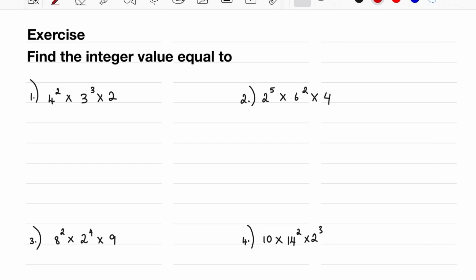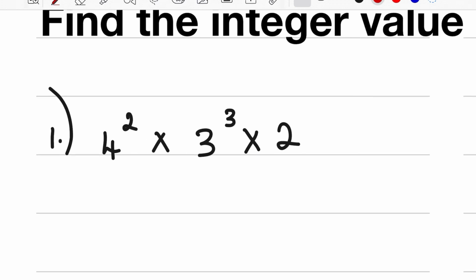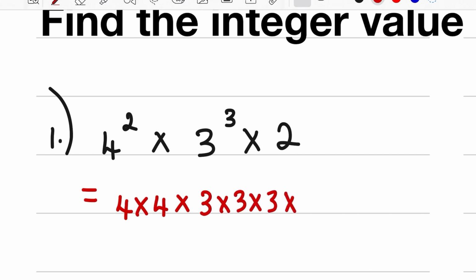Okay, so for question 1, we have 4 squared multiplied by 3 cubed multiplied by 2. So that is 4 times 4. I'm going to expand it. 4 times 4 multiplied by 3 times 3 times 3 multiplied by 2.